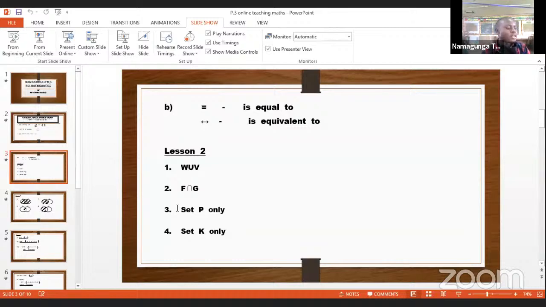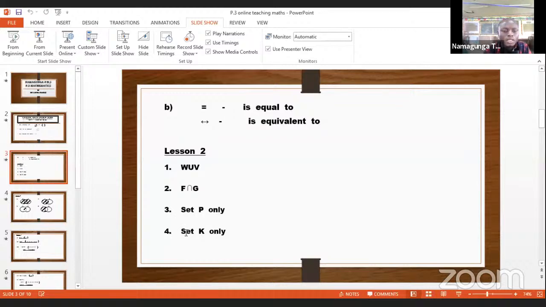So here we have our third exercise. They have given us sets M and P, and they have shaded only part of set P. So there, as I told you, you put set P only, because they have shaded part of set P. So that one will be set P only.